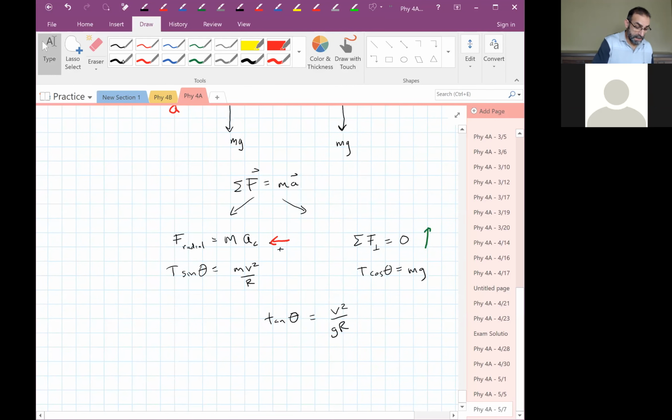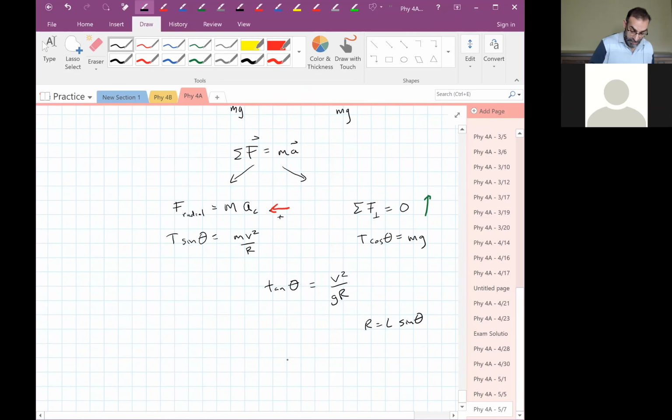Now, r was not given, but L was, so r is L sine theta, right? So now you can just plug that in, tan theta, and solve for V.